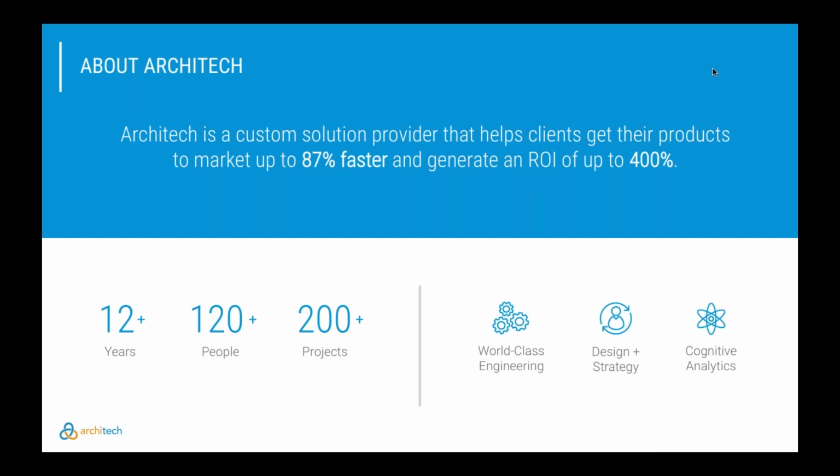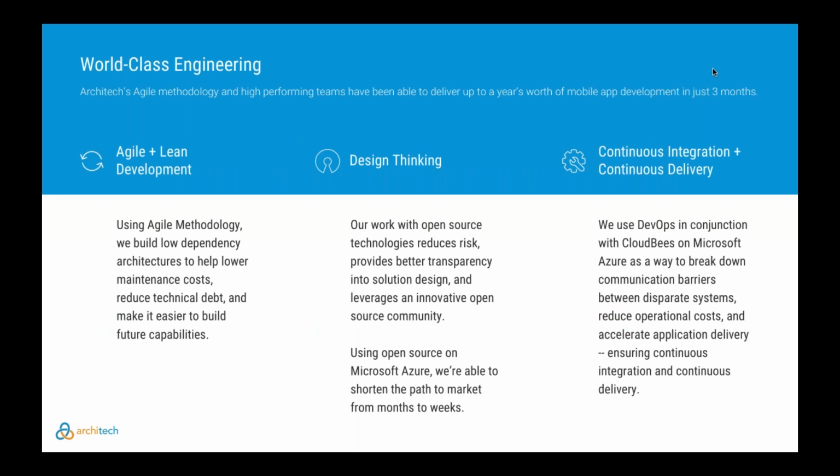So at Architech, we have been in the business for 12 years. We have more than 120 people, so we are not really a small firm. We have world-class engineering, a very strong design and strategy team, and a focus on cognitive analytics. We have more than 200 projects. Architech has been an agile and lean development shop almost since inception.